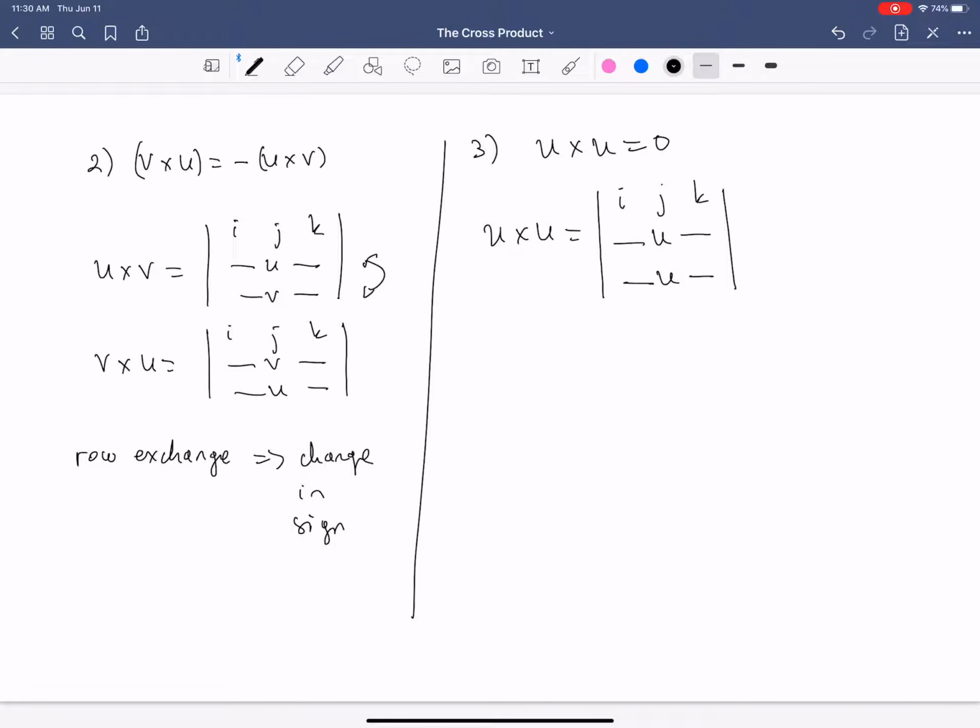Well, you see that you have two equal rows. The determinant must be 0. Of course, I can generalize this and put a constant here so that the two rows are multiples of each other. Again, you have the determinant being equal to 0. That says that the cross product of two parallel vectors is the 0 vector.